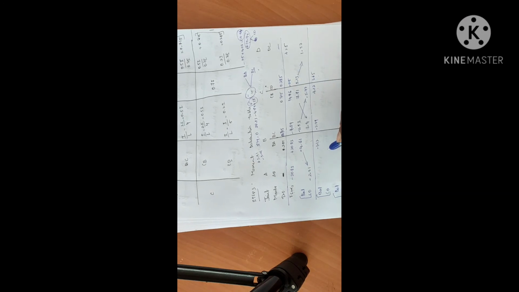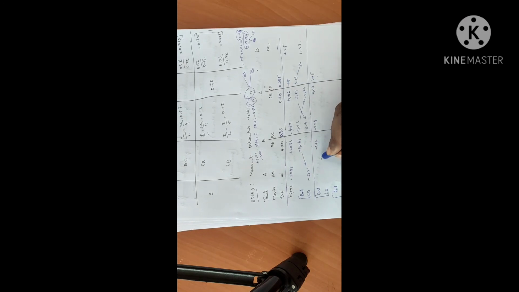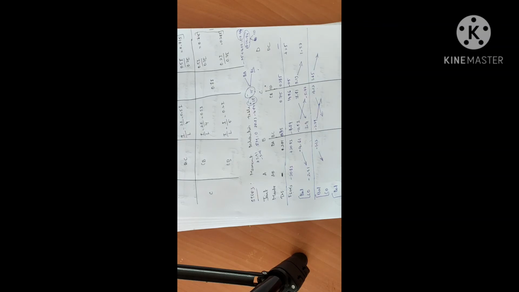Now again the carryover step. The carryover factor is half. Whatever moment is there, you supply that to the other end by dividing by 2. Minus 1.12, when you divide by 2, will be minus 0.56. The carryover should be of the same sign, no change.